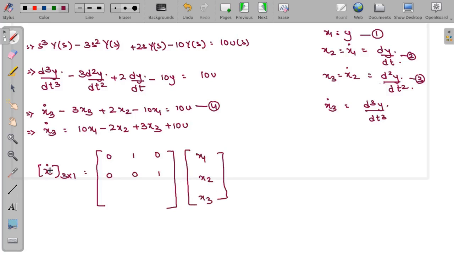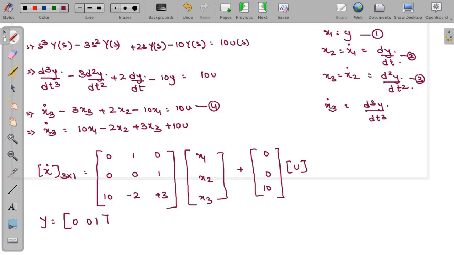So x1 dot is equal to what? x1 dot is equal to x2, you can see x2 dot is equal to x3 and x3 dot is equal to this. So this I am going to write as 10 minus 2 plus 3 over here, plus input 0 0 10 u, and y is equal to 0 0 1 x.